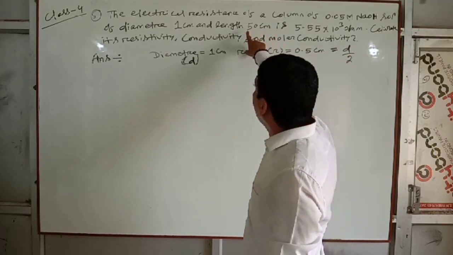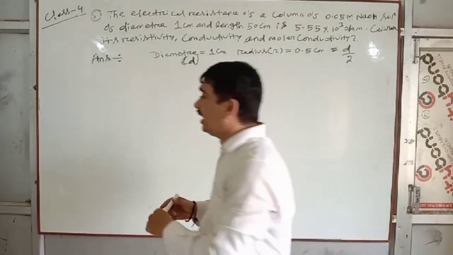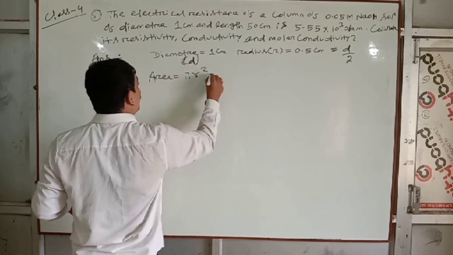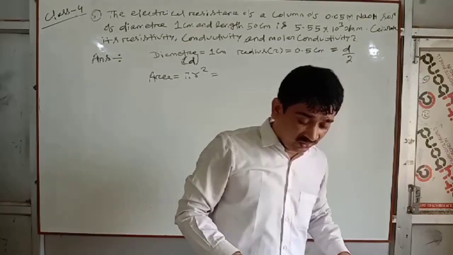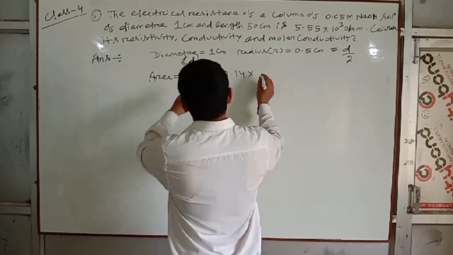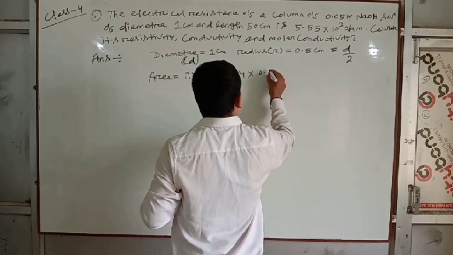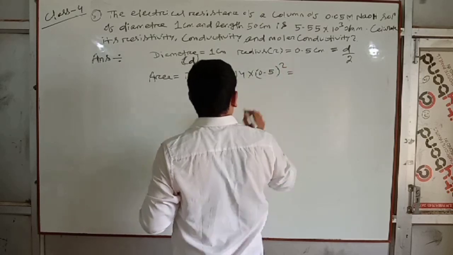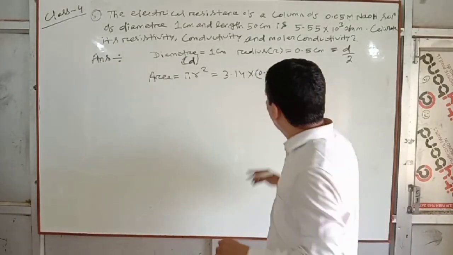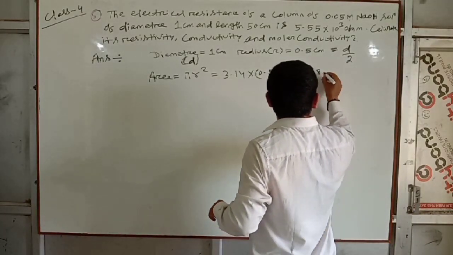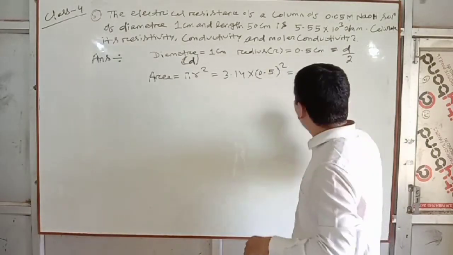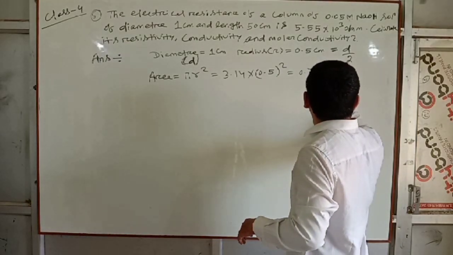Next, length is given. We know that area equal to pi r square. Pi is 3.14, into r is 0.5 cm square.